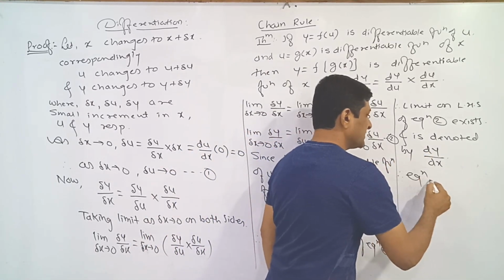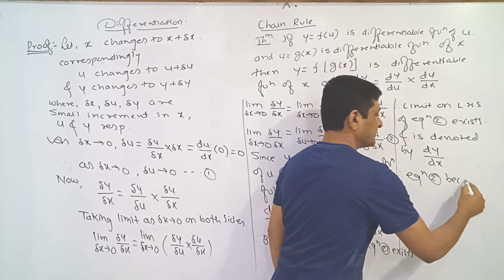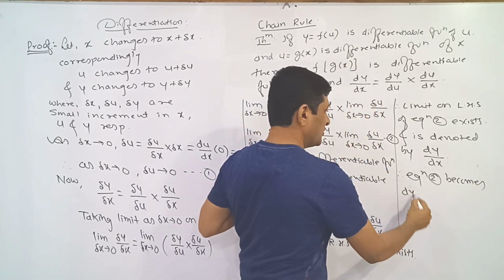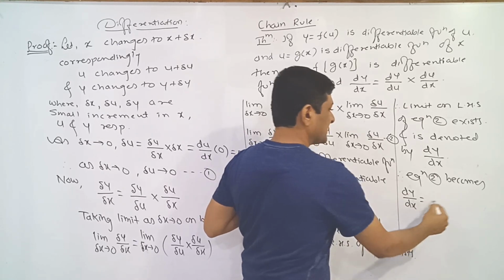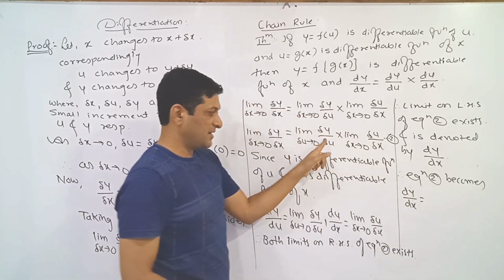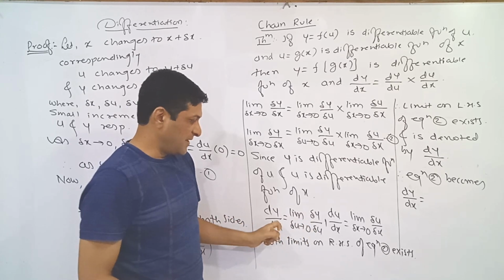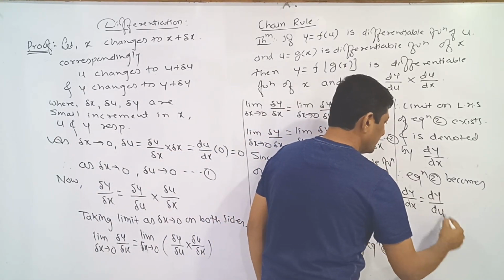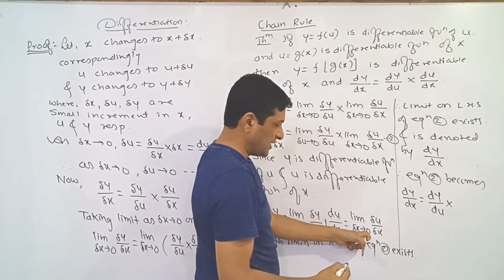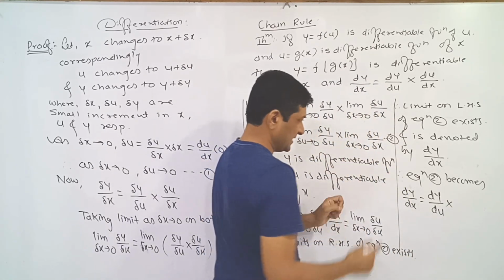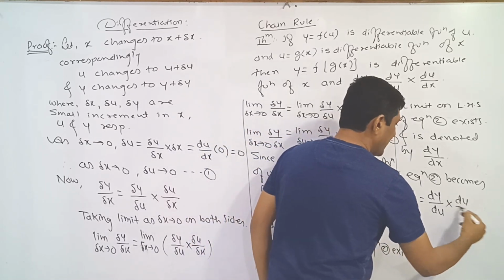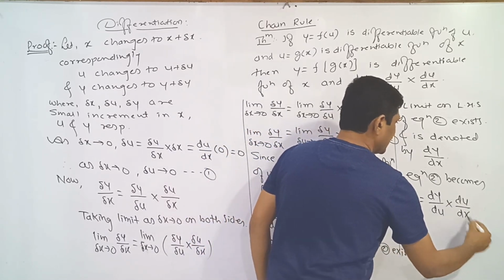So therefore equation 2 becomes, what does equation 2 become? This value we denote by dy by dx is equal to, this limit we denote by dy upon du, into, and this limit we denote by du upon dx. So this limit is this one and will be denoted by du upon dx.